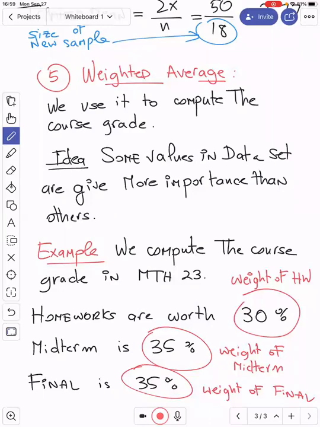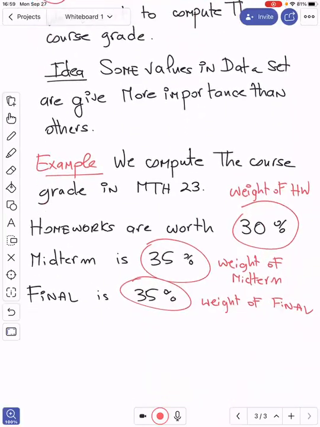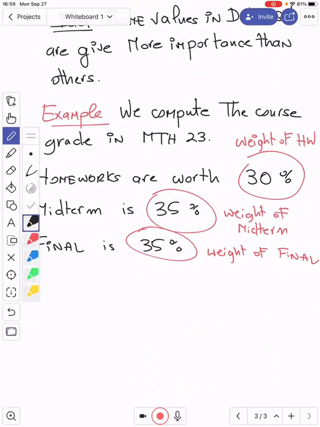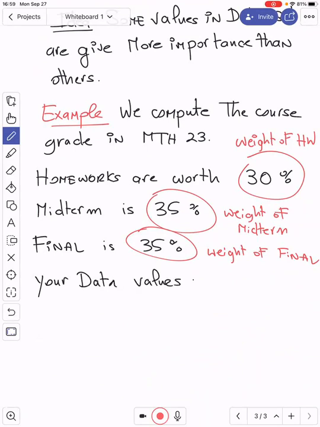Now, let's say, for example, your data values: you got 80% in the homework.